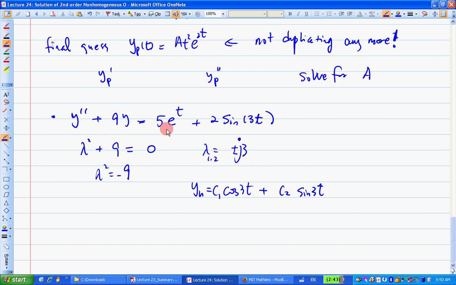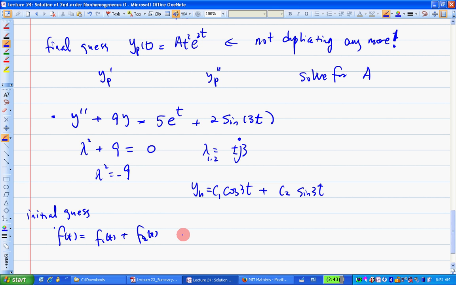So now back to our question. Now we need to look for yp, the initial guess of yp based on f of t. f of t has two functions, so you can consider f of t as f1 of t plus f2 of t.